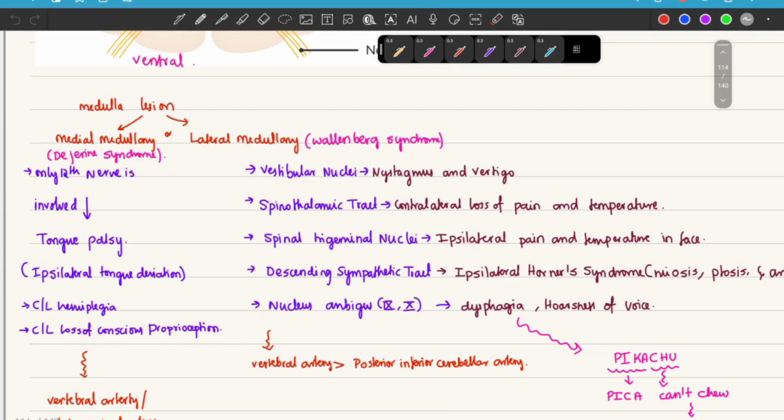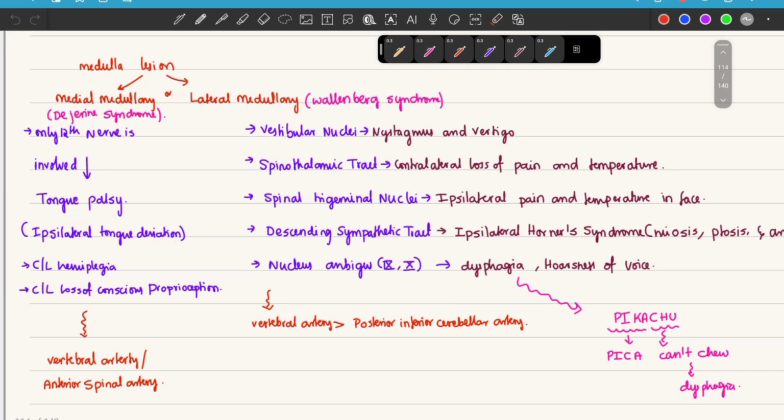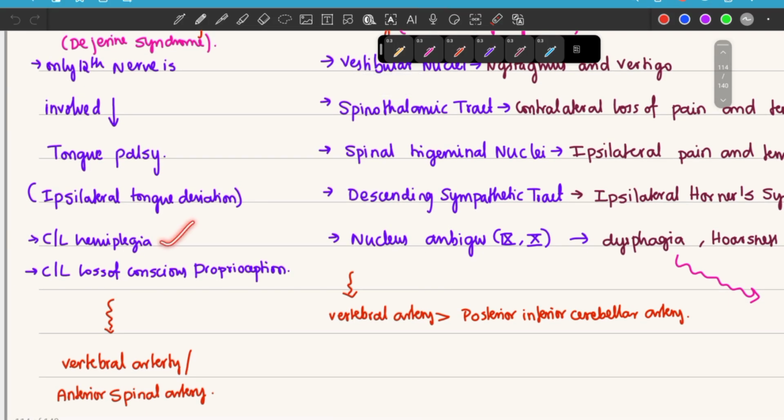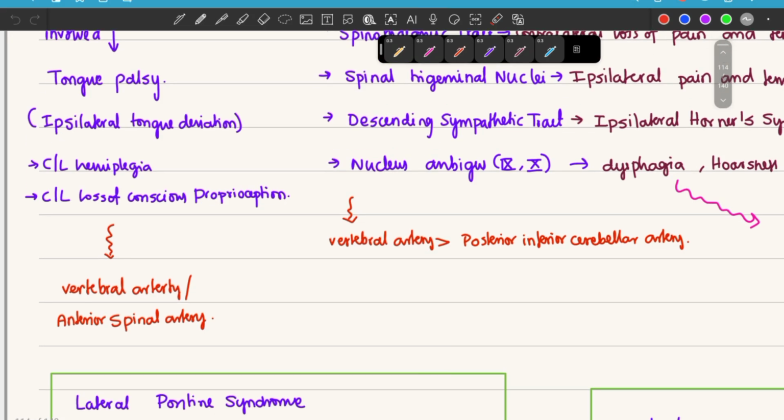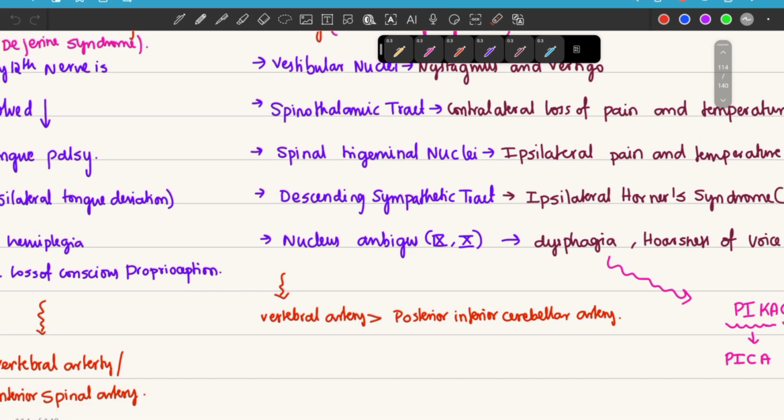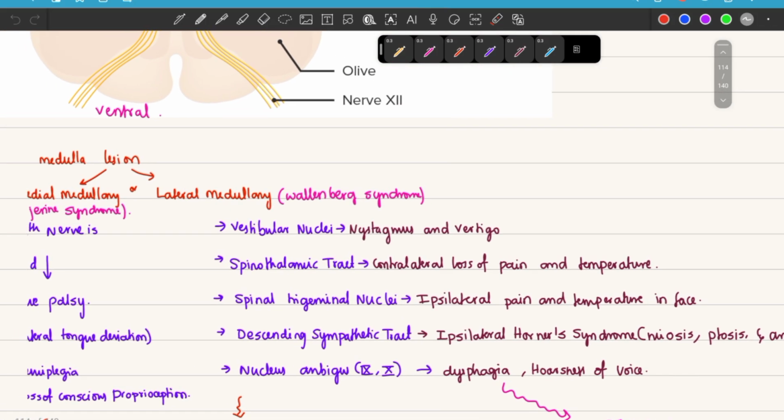Here the patient has a tongue palsy, that is ipsilateral tongue deviation, contralateral hemiplegia, and contralateral loss of conscious proprioception. Which artery? The vertebral artery or anterior spinal artery is involved.